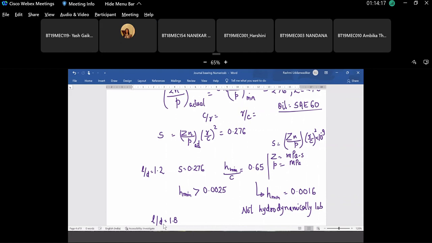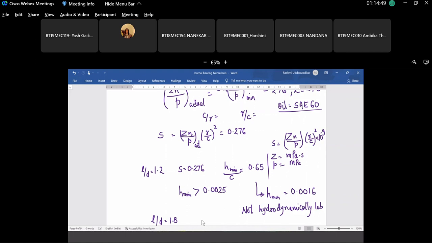In the graph with L by D 1.8, with S value 0.276, it is 2.76 times 10 raised to minus 1. Now your H minimum by C will be around 0.76, 0.77. Isn't it? Ayush?